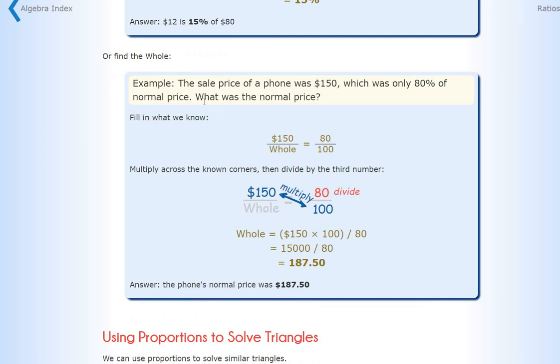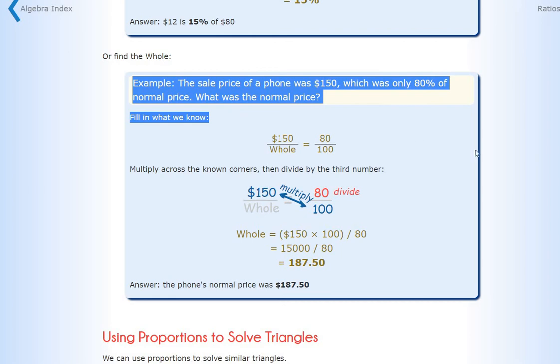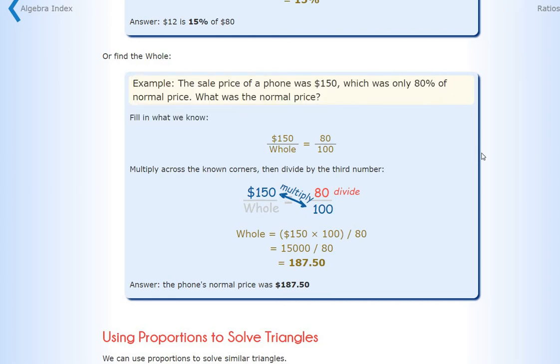Can you read this example? Example, the sales price of a phone was 150, which was only 80% of the normal price. What was its normal price? $150 over the whole equals 80 over 100.